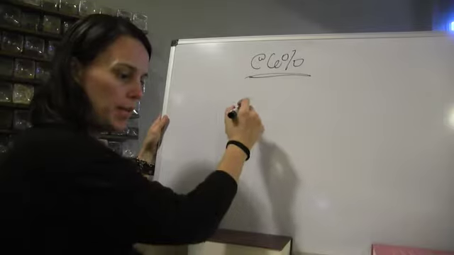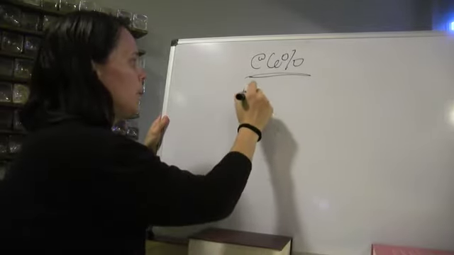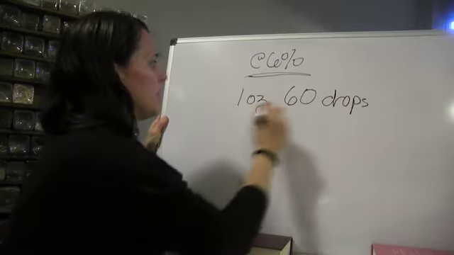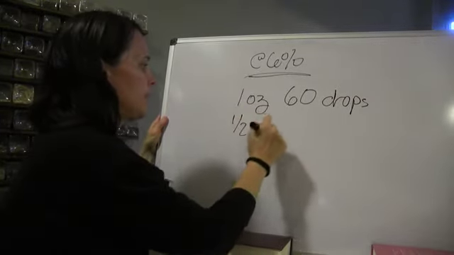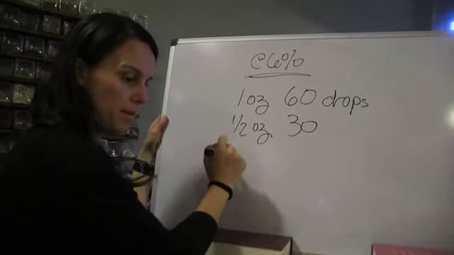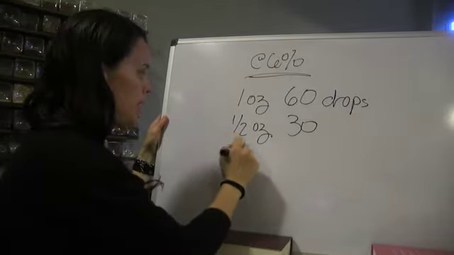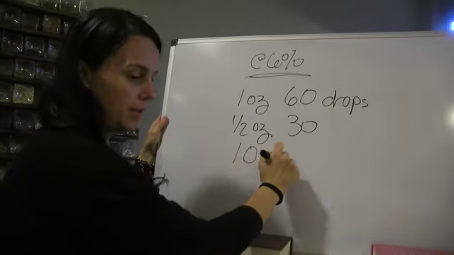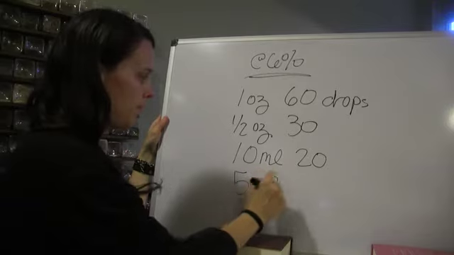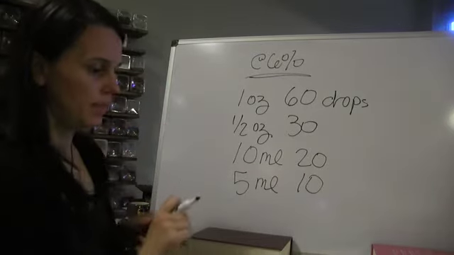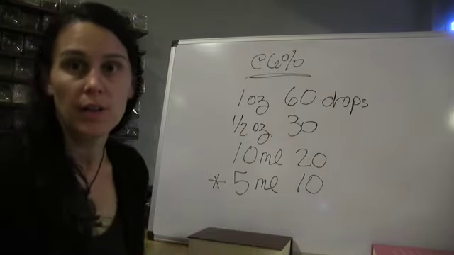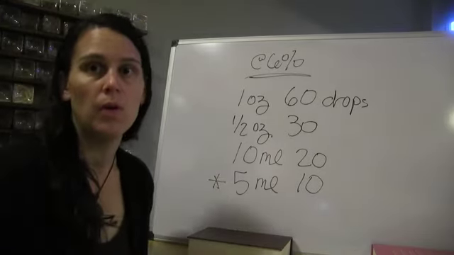So at 6%, 1 ounce gets 60 drops, half ounce, 30 drops, 10 mil, 20 drops, 5 mil, 10 drops. And I actually use little 5 mil glass rollers with a metal roller ball a lot.